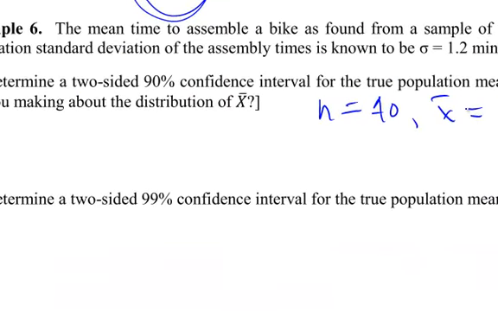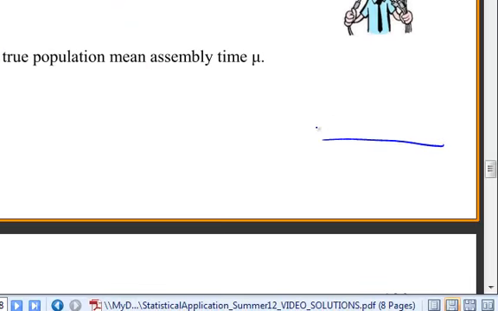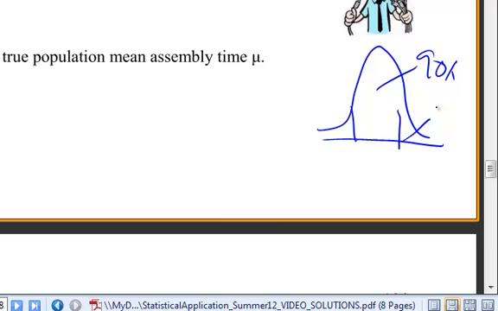Okay, so we want to make a two-sided 90% confidence interval. So this should be 10.4 plus or minus. Sometimes I even draw to make sure I believe it. Here's 90% in the center, so that leaves 0.05 in each tail.